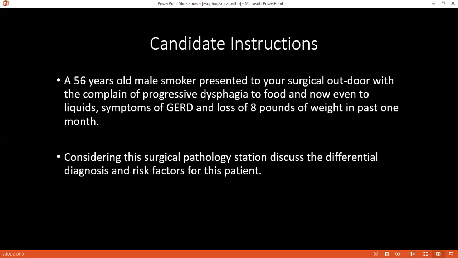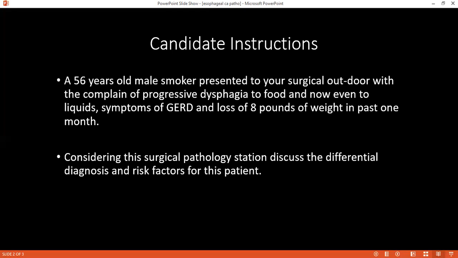We have to do the TNM staging. Okay. Can you explain, please? Tis is high grade dysplasia, and T1 is tumor confined to lamina propria mucosa and submucosa. T2 is lesion extending to the muscularis propria, T3 is lesion extending to the adventitia, and T4 is spread beyond the esophagus.